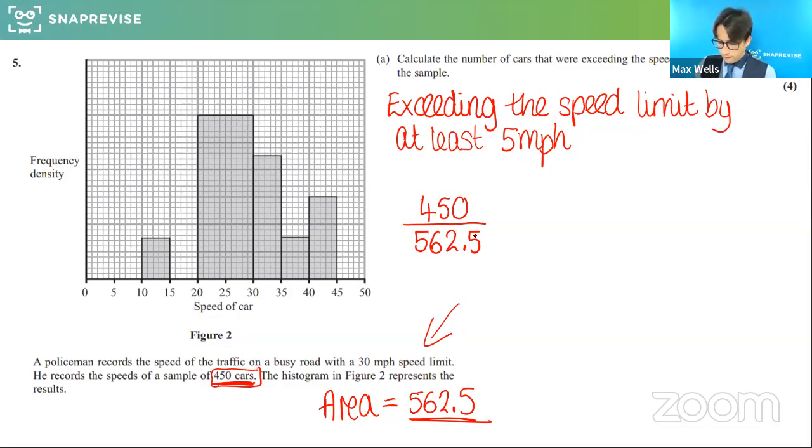What this will tell me, if I do that division, is that basically every one little box equals 0.8 of a car, which sounds a bit weird. Okay, so then to answer the next question, I know that that's what I'm using to scale my area by to give the number of cars.